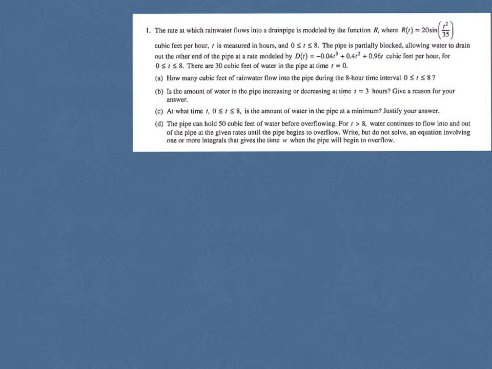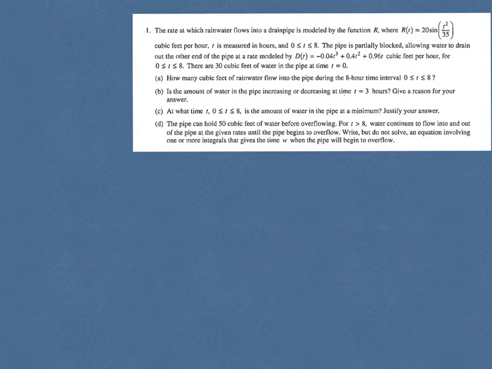At what time t does the amount of water in the pipe have a minimum? Keep in mind, you have to think about how the amount of water is changing. Hint: think about part B, and set up a function that you can use to model how much water is in there.